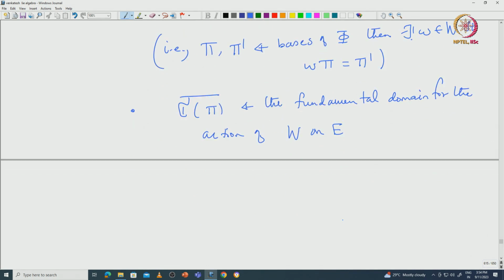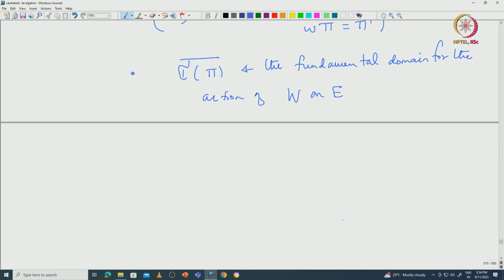If you look at the union of W conjugates of this set, that must be exactly E.